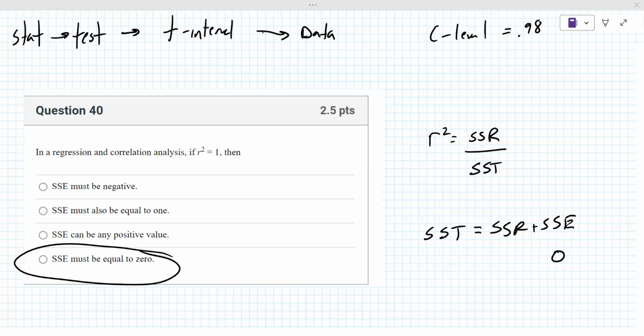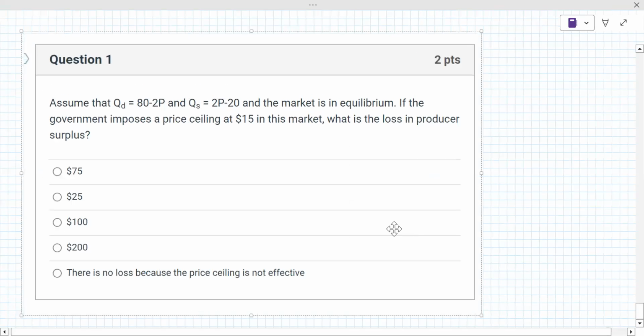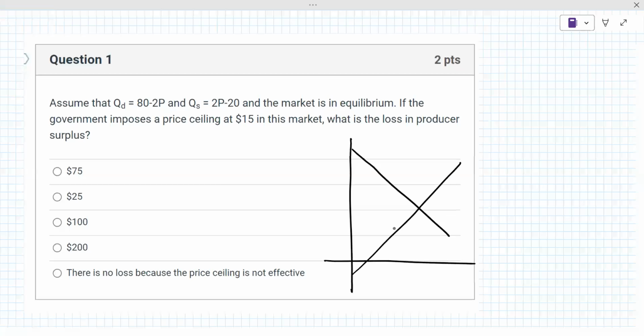All right, so start snipping in some questions here. All right, assume that QD equals 80 minus 2P and QS equals 2P minus 20. So just graphically here, we've got 80 minus 2P going down and this other one coming up like that.